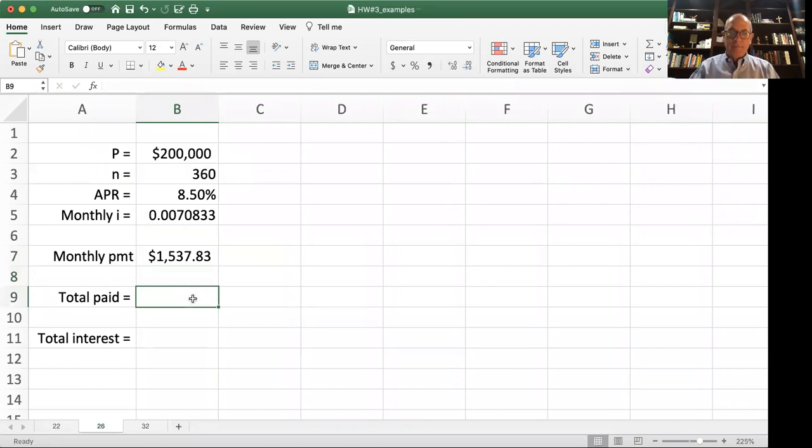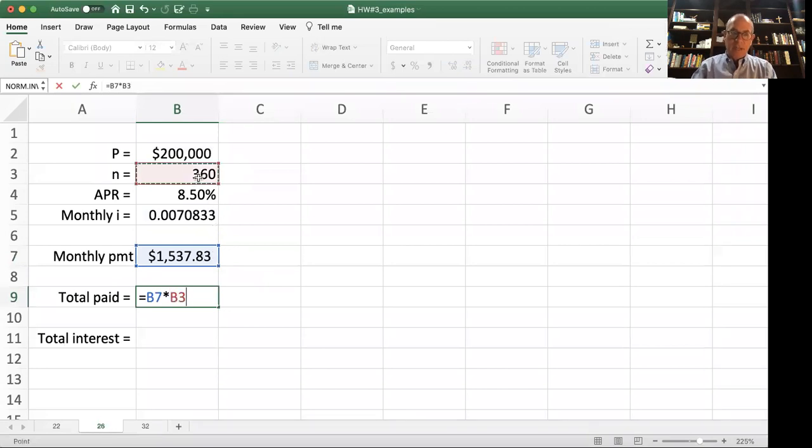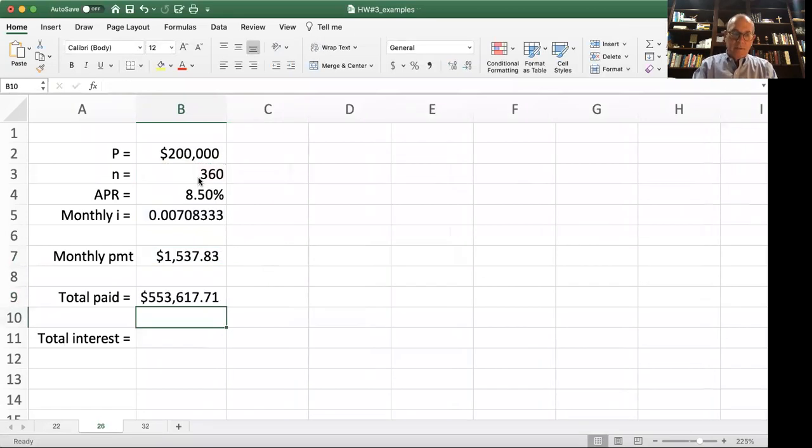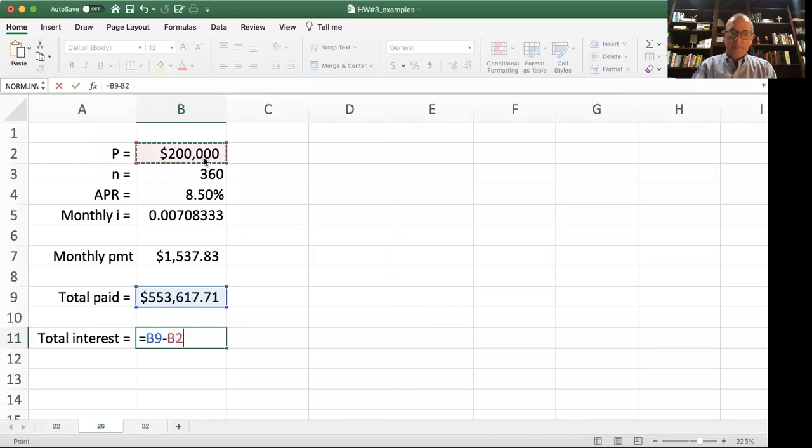Total paid is equal to that number times the number of periods for the life of the loan. There's our 553,618. And the interest then, the total interest that was paid on this loan is the total amount paid minus the original principal.